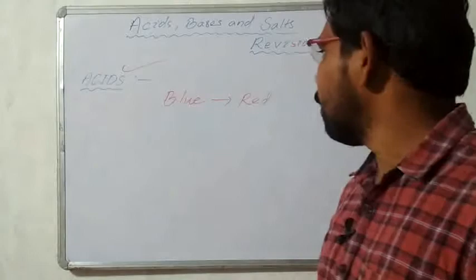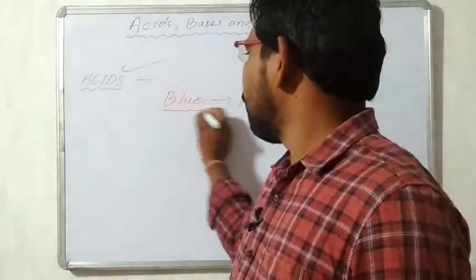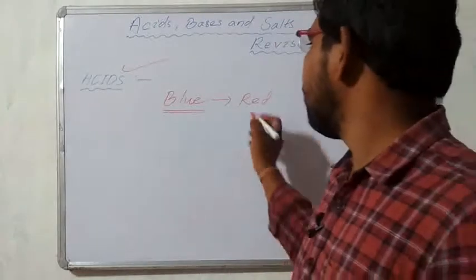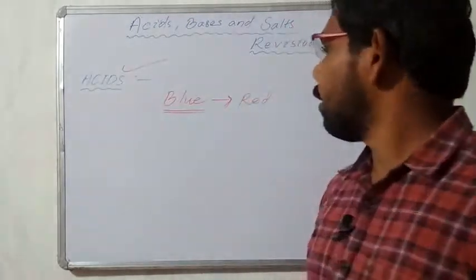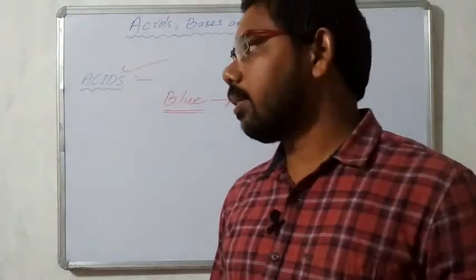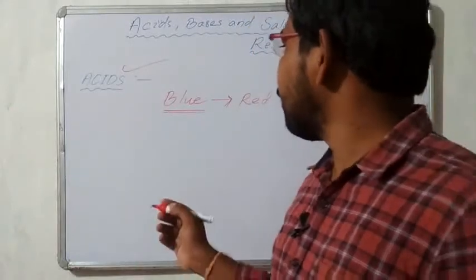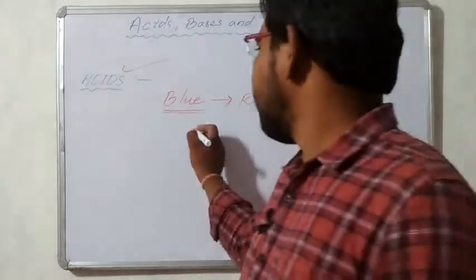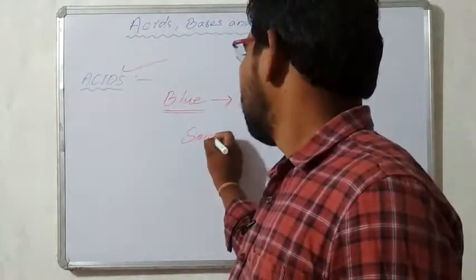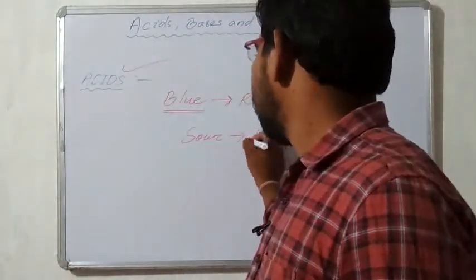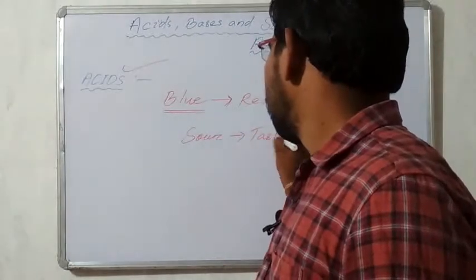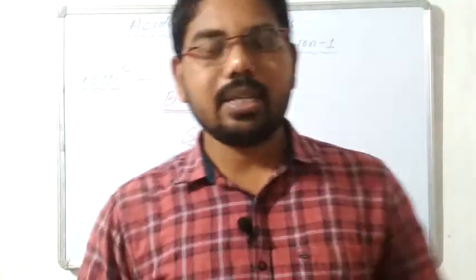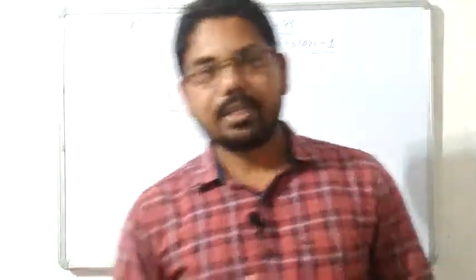When we add some acid to blue litmus paper, the blue litmus changes into red. Another property: acids are generally sour in taste, like orange and lemon.